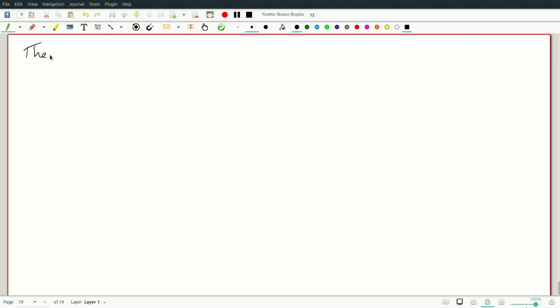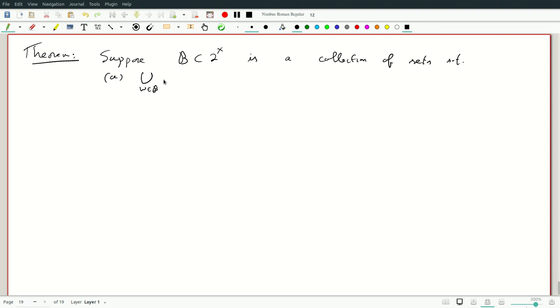So the theorem here is, suppose B contained in 2 to the X, the power set, is a collection of sets such that the union of all W in B of W is X itself. This is the condition which says it's not degenerate.